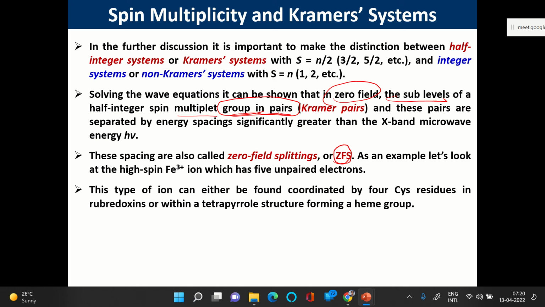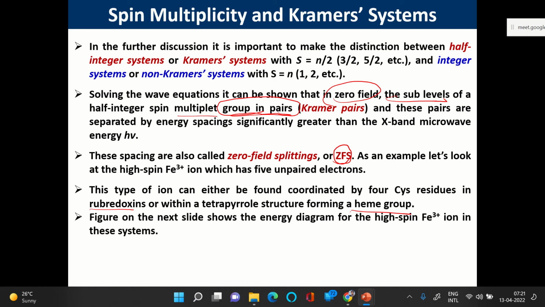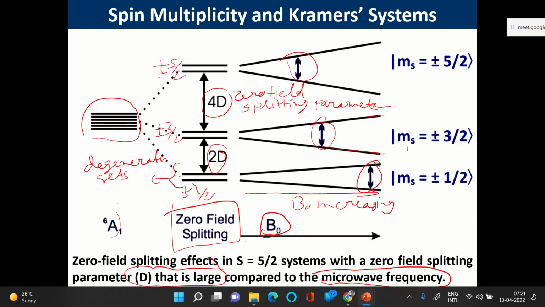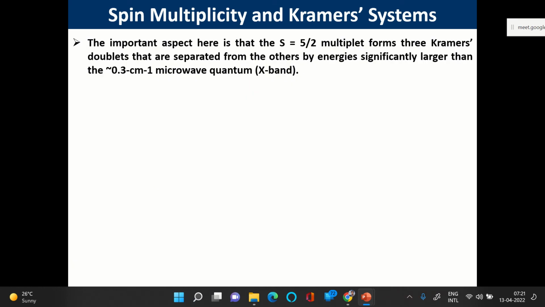This kind of system is found in many cases, high spin, cysteine residues in redoxin. Naturally, you find it in a heme group where it is also attached to cysteine residues, and this was the example that I just discussed.